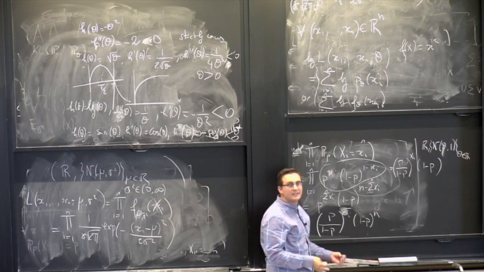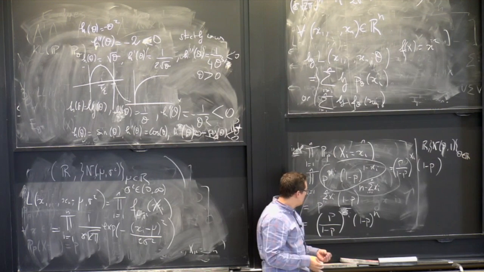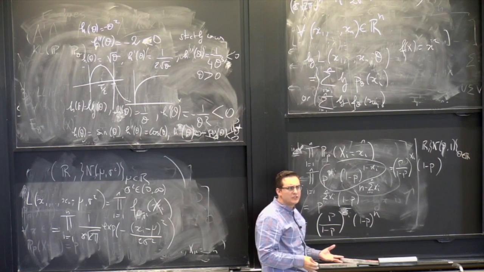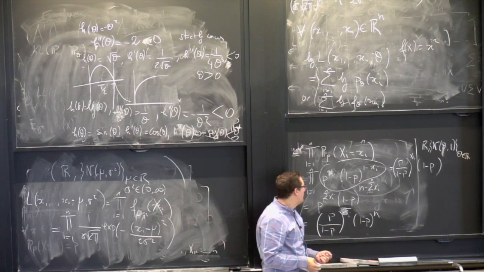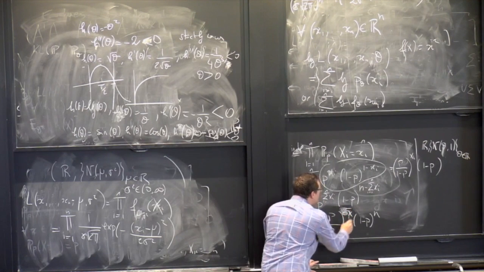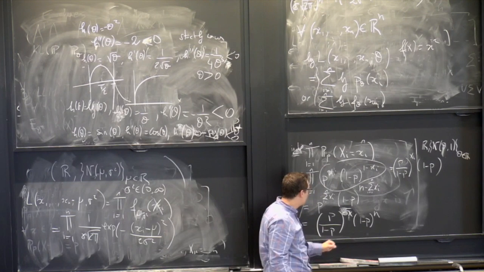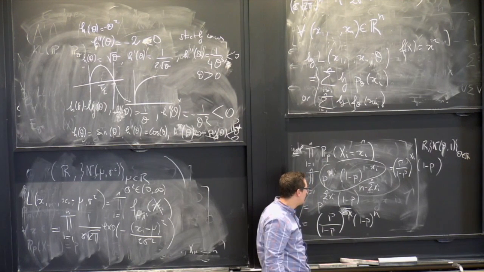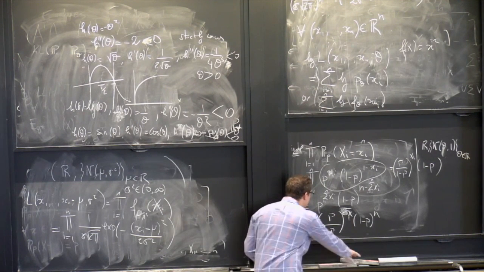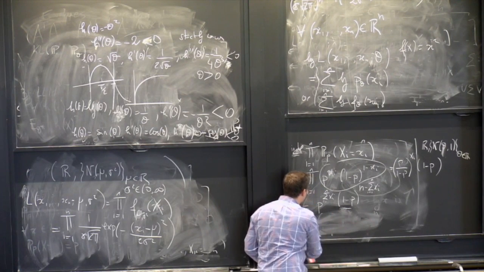So now I want to maximize this as a function of p. Well, the first thing we would want to do is to check that this function is concave. And I'm just going to ask you to trust me on this. I only want to take the derivative and just go home. OK? So let's just take the derivative of this with respect to p. Actually, no, this one was more convenient. I'm sorry. This one was slightly more convenient.